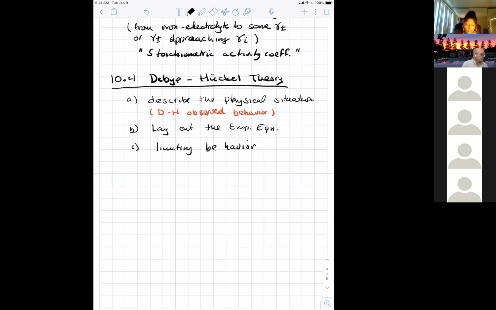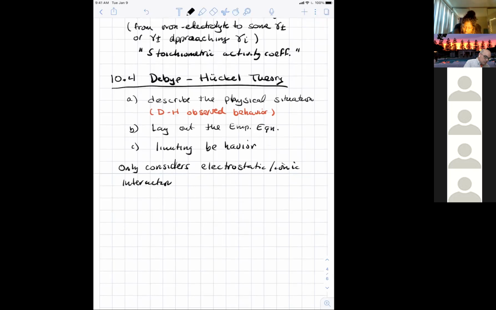Debye-Hückel theory. So Debye-Hückel theory turns out to only consider electrostatic or ionic interactions between ions.